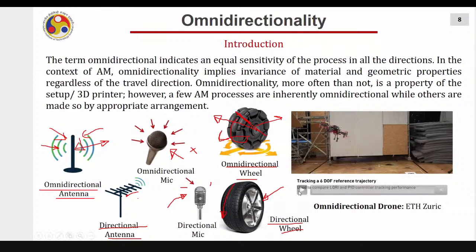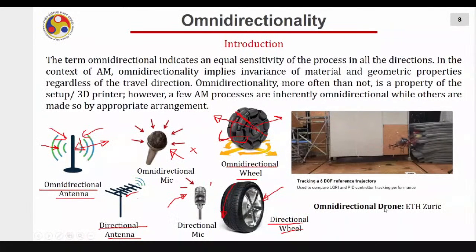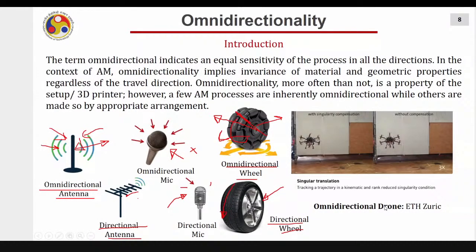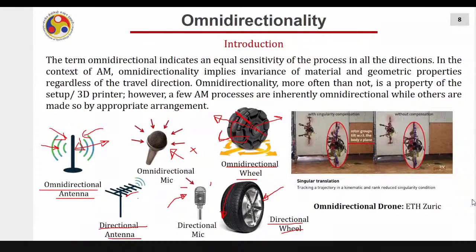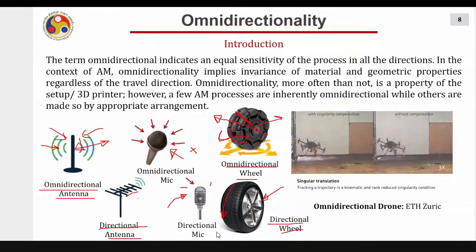This is a drone developed by ETH Zurich. I found this video on the internet and I think they also call it an omnidirectional drone, because this drone can roll, pitch, yaw in any direction while going. While our conventional drone cannot do that, right? If it is tilting like this, it can only move back and forth, meaning it can only move perpendicular to its flat base, or in other words, along its axis only.